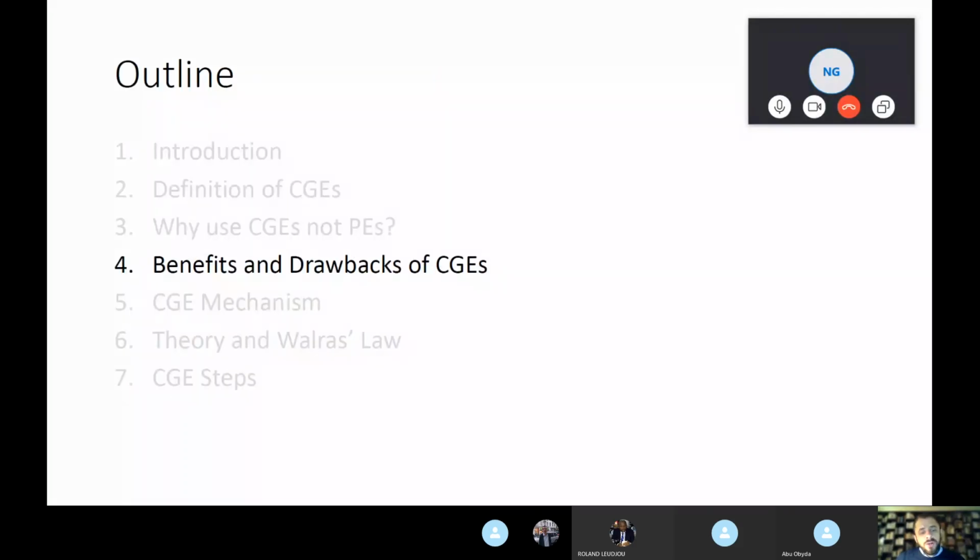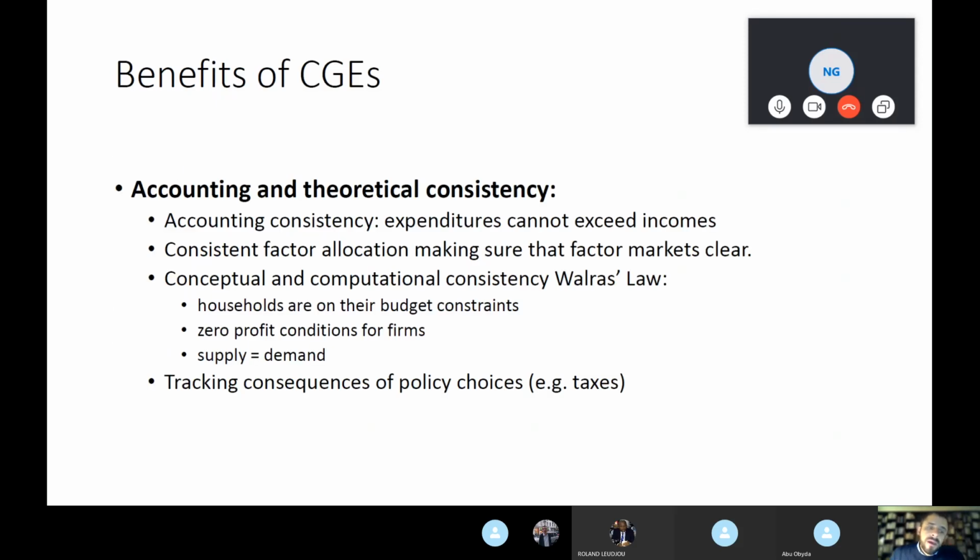Like any other quantitative tool, CGE models have benefits and drawbacks. So the main benefits, first, and this is very important, because one of the most important critiques addressed to CGE models is that they are like a black box, or garbage in, garbage out.